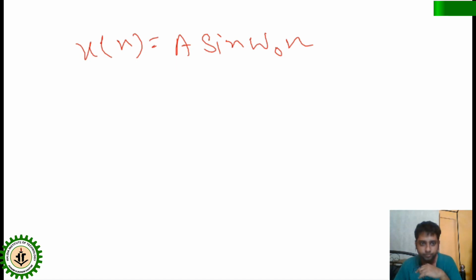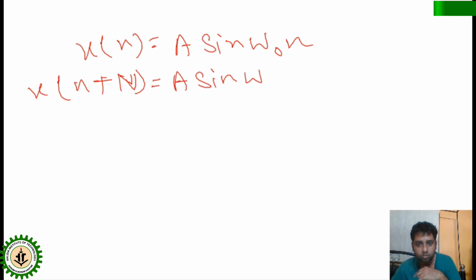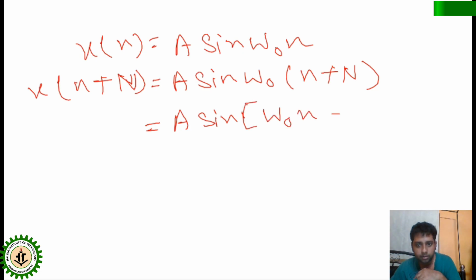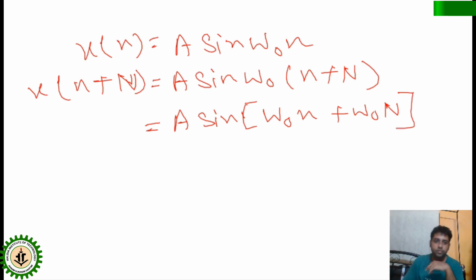If we need to find the fundamental period of that signal, x of n plus capital N, we can write a sine omega naught into n plus capital N, or a sine omega naught n plus omega naught into capital N. That means that signal is said to be periodic when omega naught into capital N is an integer multiple of 2 pi, where m is an integer as well as capital N is an integer.